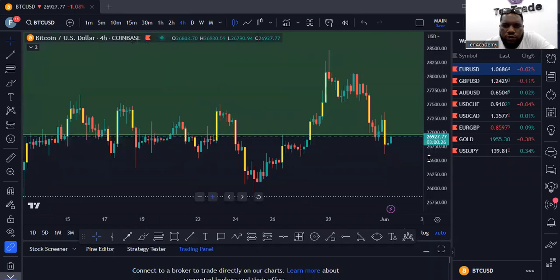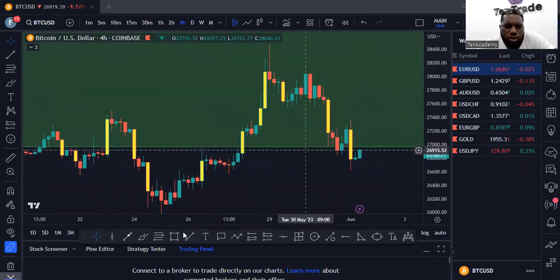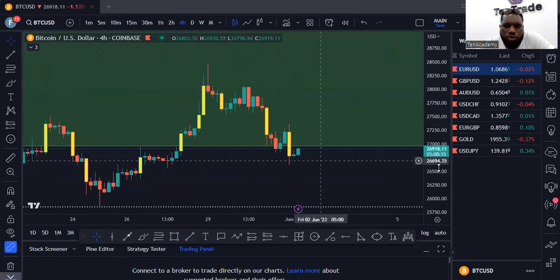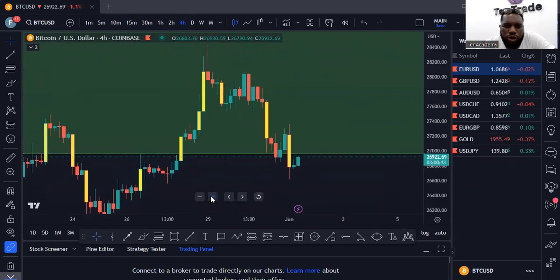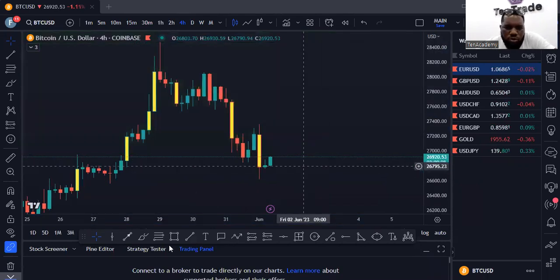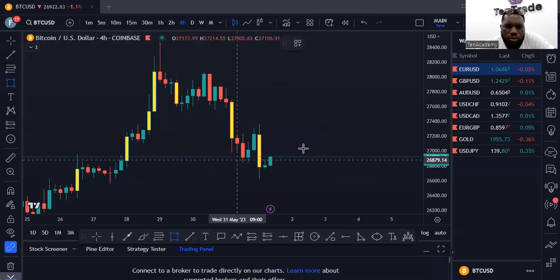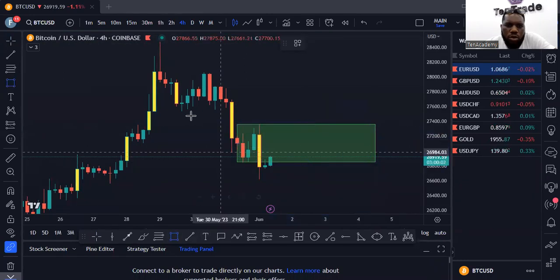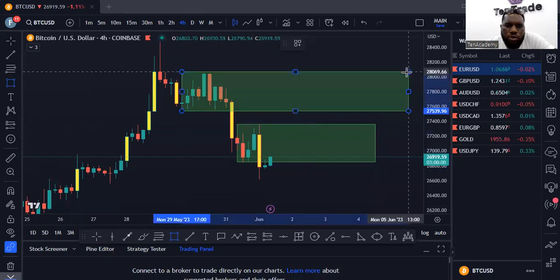We're seeing a bit of internal structure here, like so. All of this is internal structure or minor structure. Price is giving you lower lows, like so. So two zones where you can look for entry: this zone, and this zone.